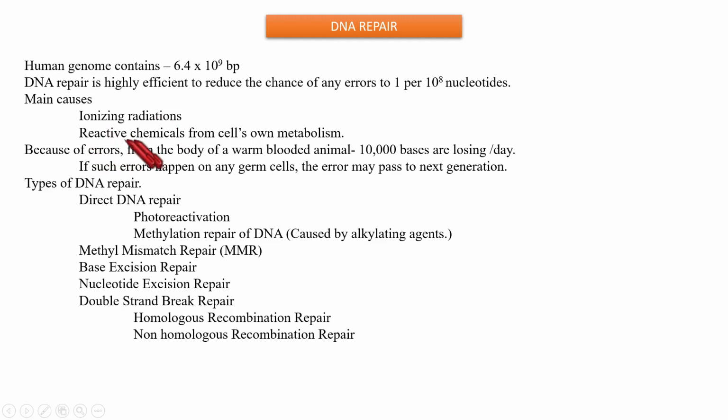And where are these reactive chemicals forming in our body? They may be produced because of our cells' own metabolism. Okay, so among different reasons, these two are important reasons that cause DNA damage.